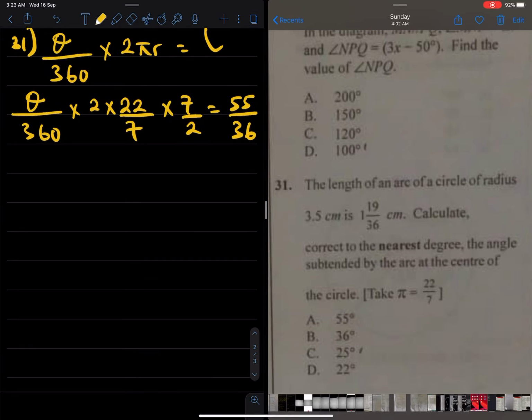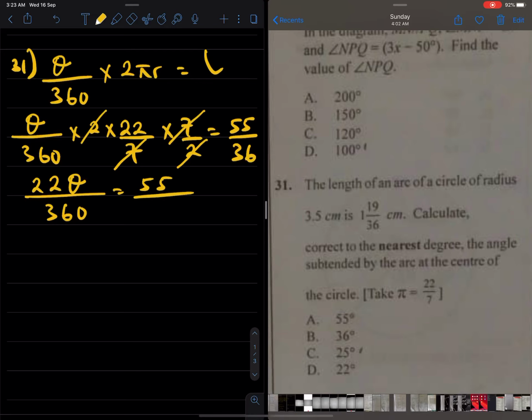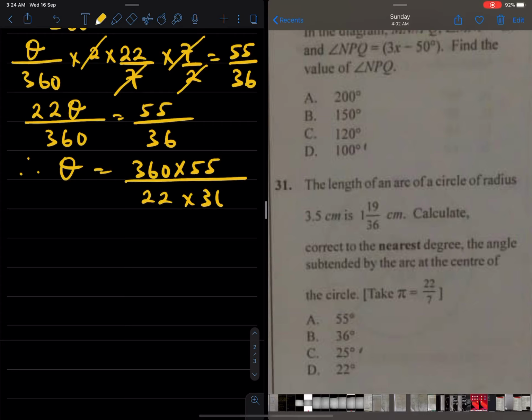And then you can write that as, of course, this 2 cancels this 2, this 7 cancels this 7, and then we are left with 22 theta over 360 equals 55 over 36, and that simply means theta equals 360 times 55 all over 22 times 36.